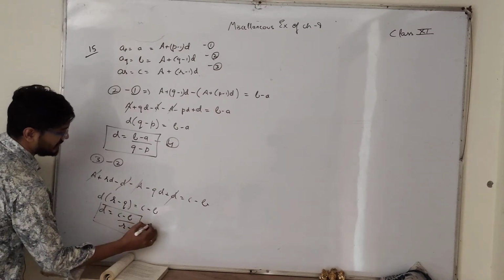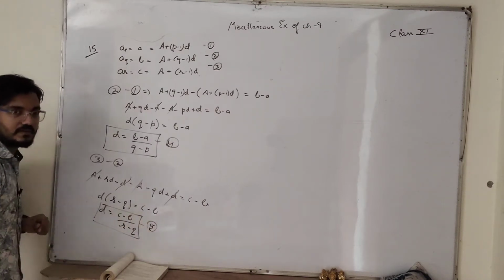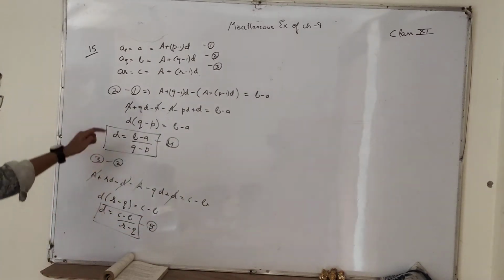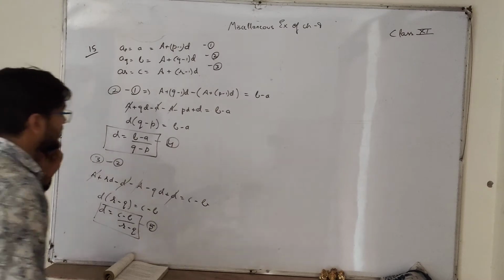This is the fifth equation. So we have both the values of D.